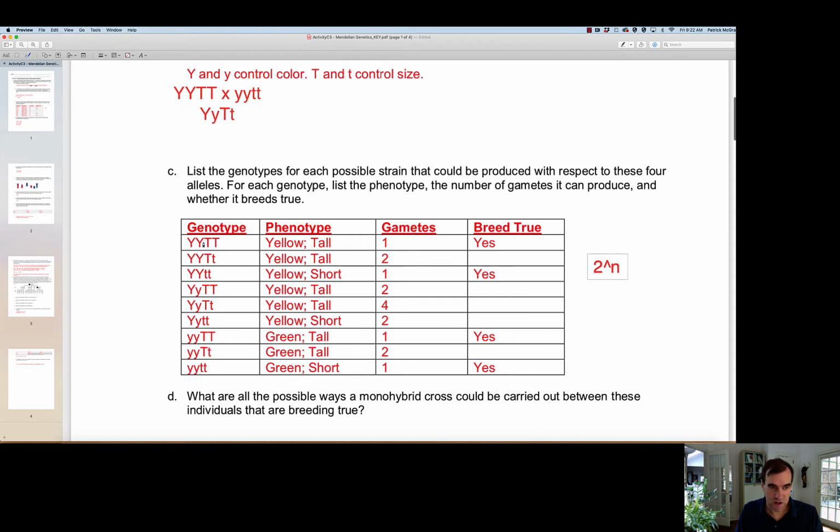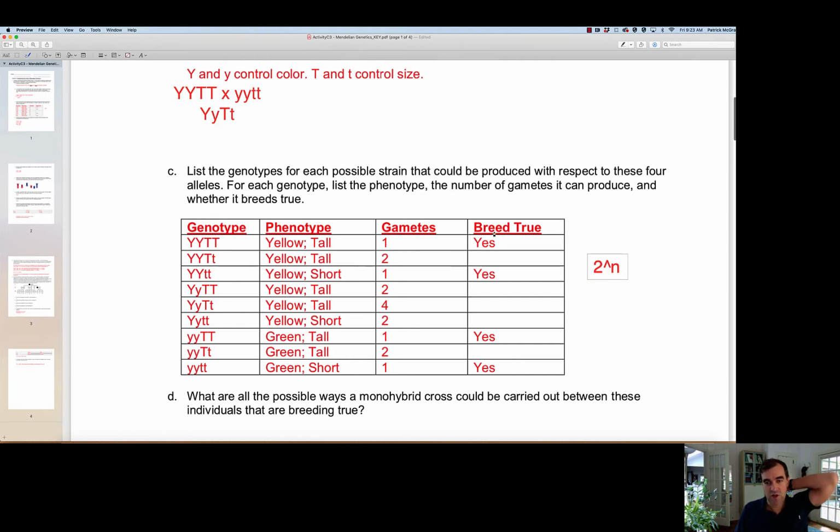This individual has 0 genes that are heterozygote, so 2 to the 0 is 1, and this individual produces 1. This individual has 1 gene that's heterozygote, so 2 to the 1 is 2. This individual has 2 genes that are heterozygote, so 2 to the 2 is 4, so this individual produces 4 total gametes, or you can simply draw them all out in your head to figure out that answer.